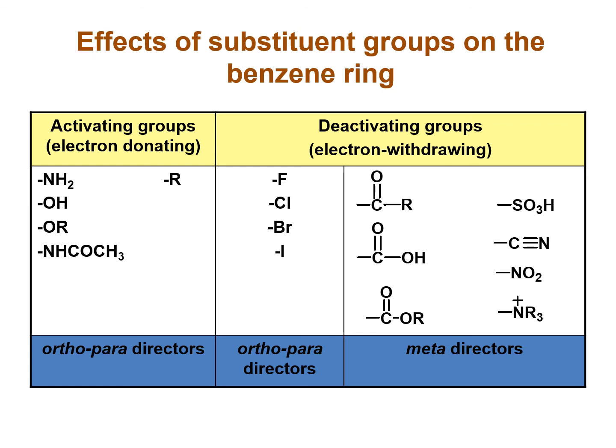For deactivating groups, you have to remember fluorine, chlorine, bromine, and iodine. These four are replaced at ortho/para director. If you have a deactivating group with this compound, the substituent will replace the hydrogen at the meta director. Please remember this table.